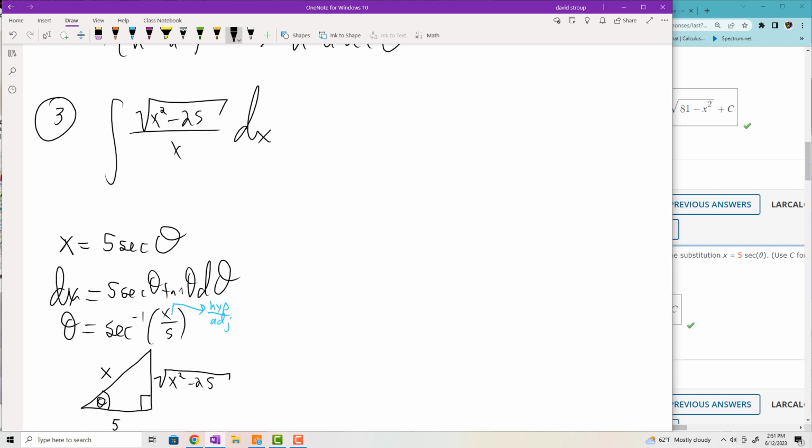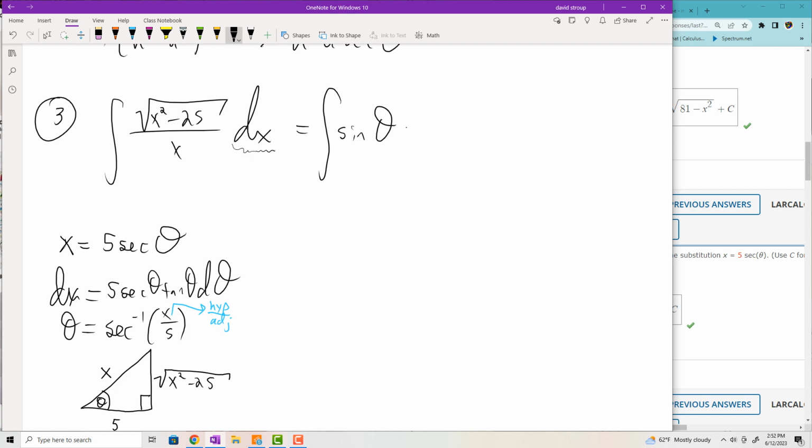And as a matter of fact, if you wanted to, you can almost rewrite that entire integral just using the triangle. Right, so if you see it's the square root of x squared minus 25 over x. What is that? Well, that's just opposite over hypotenuse. That's your sine function. So it's really just sine of theta. The only trouble there is you still have to convert the dx, right?